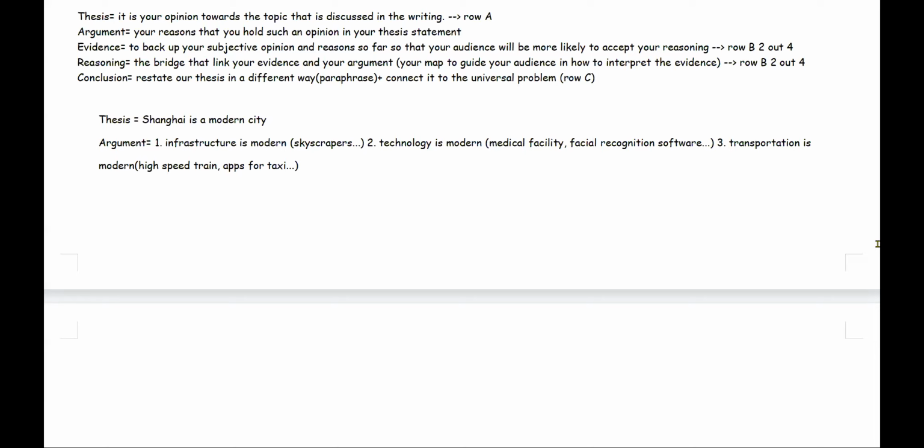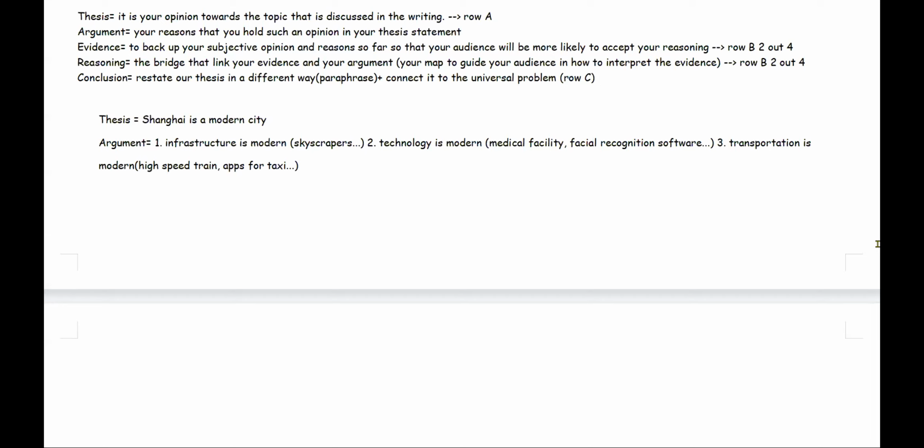And you can relate that to what? The fascism, right? Or the corruption that we are dealing with in modern days. So as long as you tie it to a universal situation, you present your sophistication in this way.